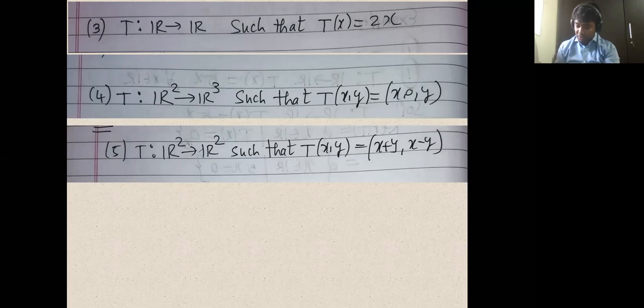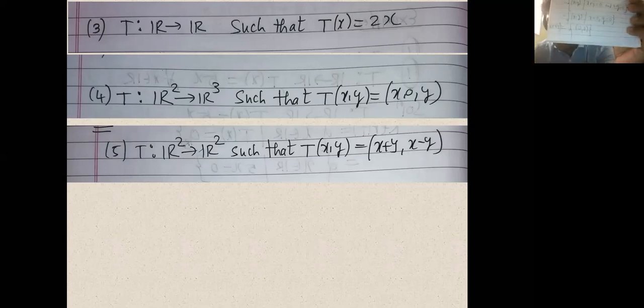So the values of x and y are 0, 0. So the kernel is here (0, 0). So kernel T equals (0, 0).